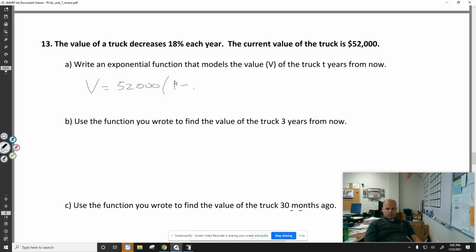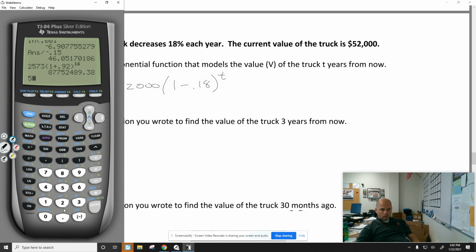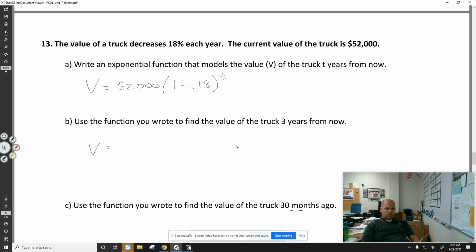It depreciates 18% per year. 3 years from now, $28,671.